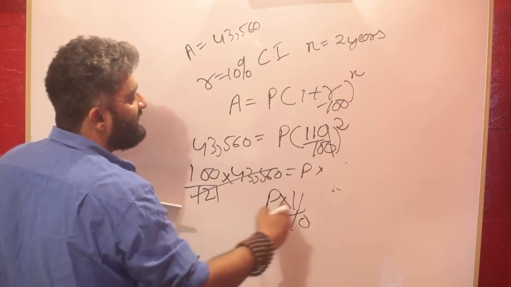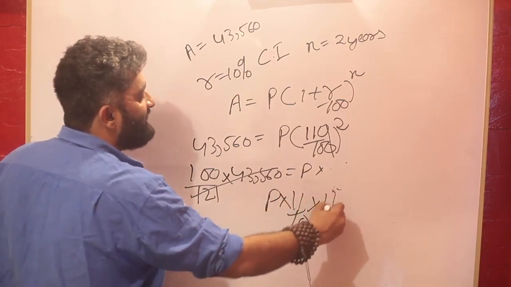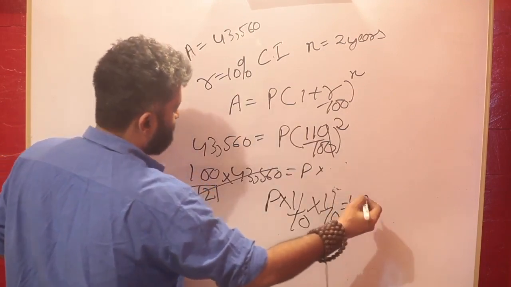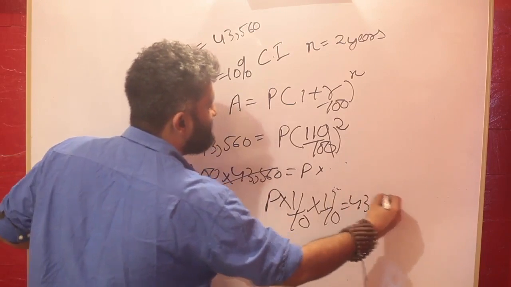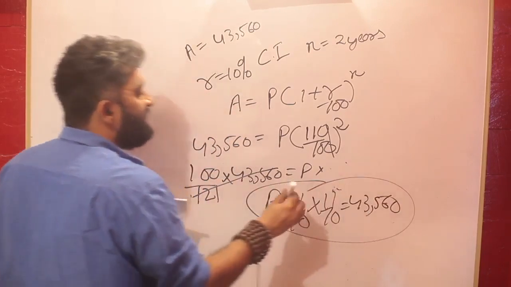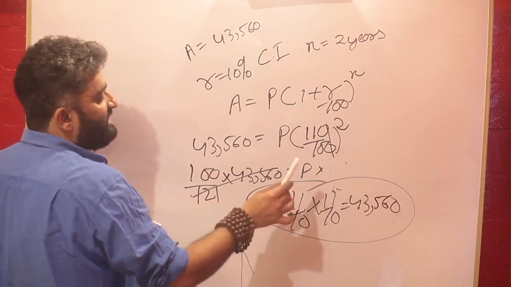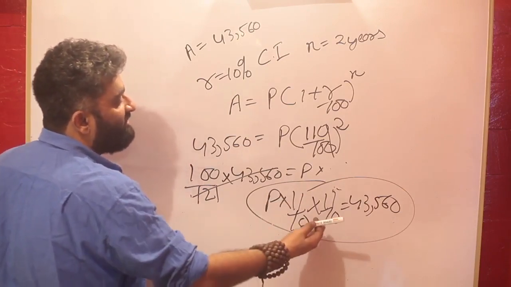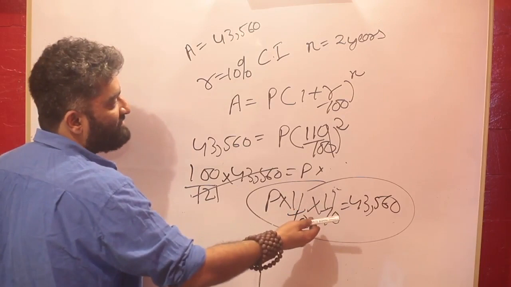That means the first year it would be 11 by 10, and the second year again 11 by 10, which is equal to 43,560. So once again, go through the percentages chapter in case you haven't done that, and you will see this is a very familiar idea. We have done this a number of times.